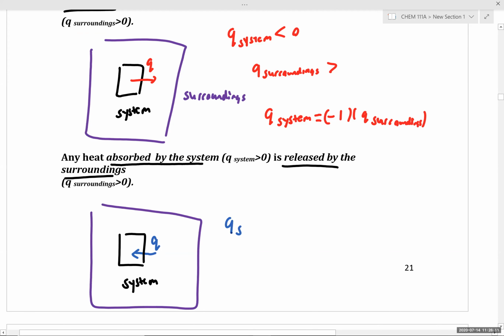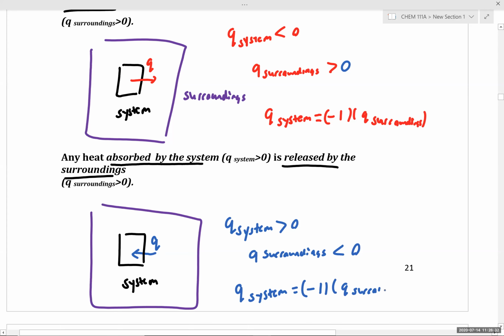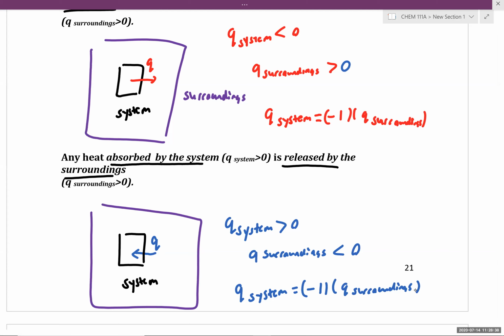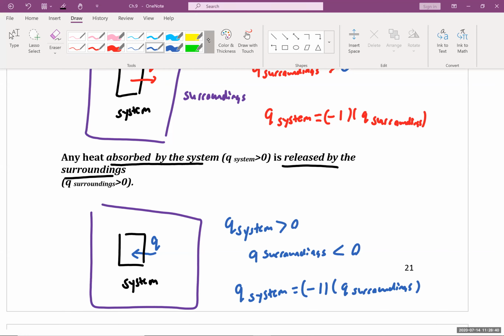We know that Q system in this case is greater than 0, so Q surroundings is going to be less than 0, as our surroundings are releasing heat into our system. Again, as always, Q system is equal to -1 times Q surroundings. If energy is conserved, any heat lost by our surroundings is gained by our system.